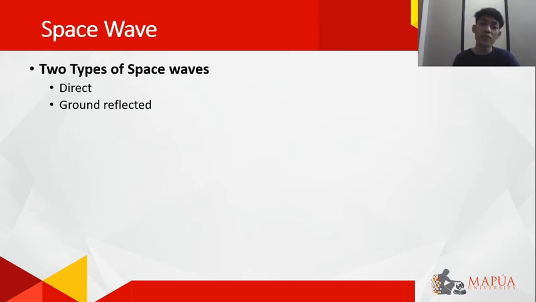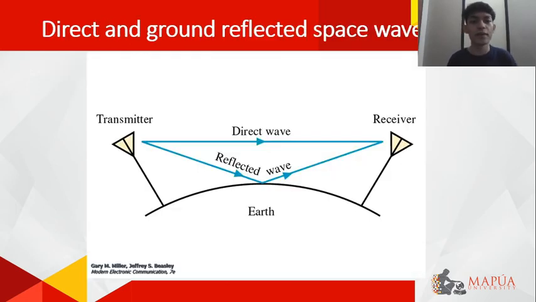There are two types of space wave, which are the direct type and the ground reflected type. Presented on the screen is an illustration of the difference between direct and ground reflected space waves. We can see the path of the direct wave and the path of the reflected wave.